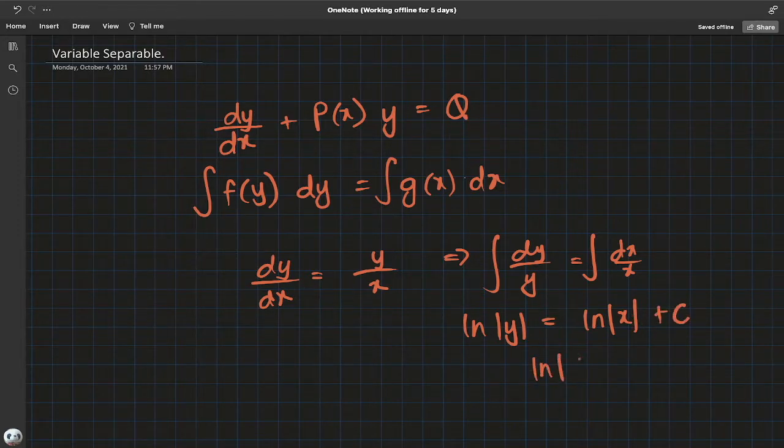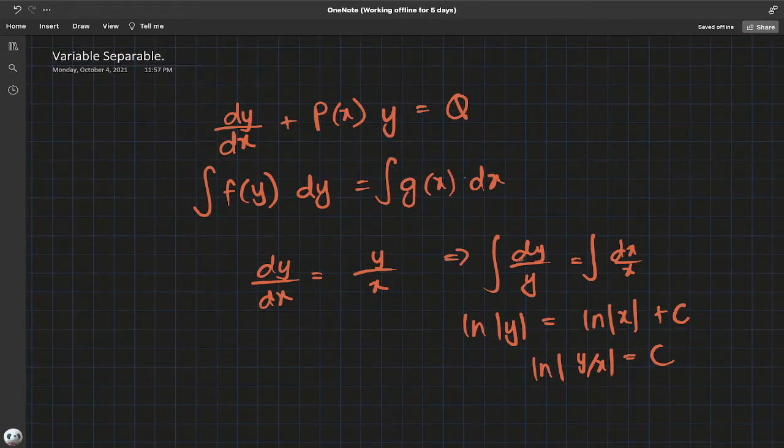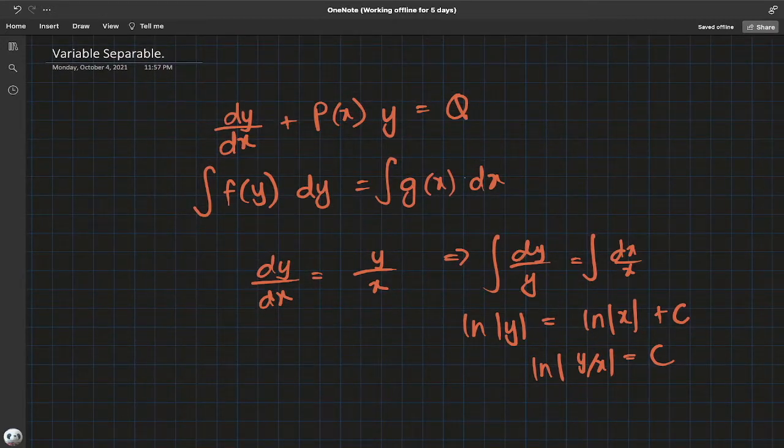This becomes natural log absolute value y over x equals a constant. That is pretty much it for variable separable. You can do lots of questions beyond this, but I don't think there's much point, because it's pretty simple.